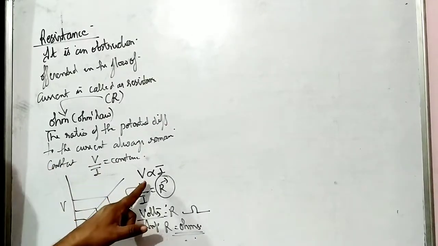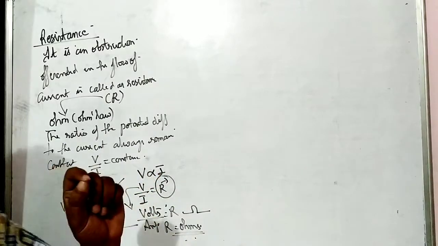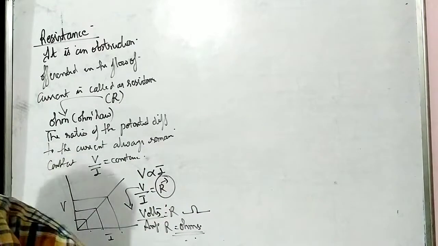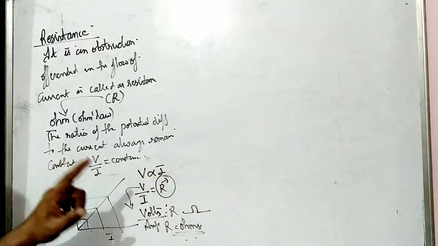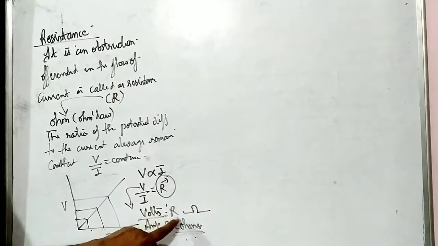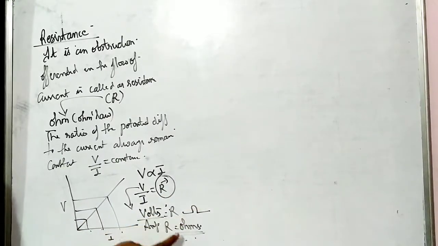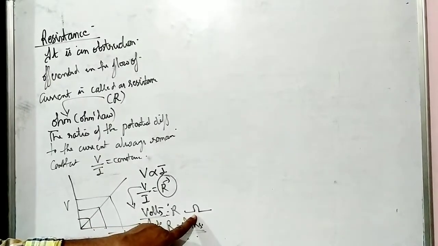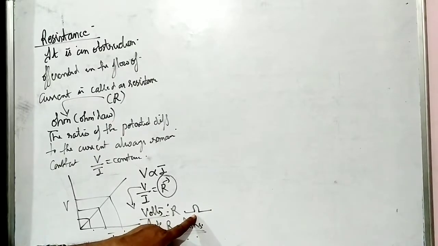It means that the potential difference V is directly proportional to the current I. If we remove the proportionality sign, the constant is kept as R. This R is called resistance, and its unit is ohms. Ohm is equal to volt upon ampere, and its symbol is the omega sign. This represents the resistance.